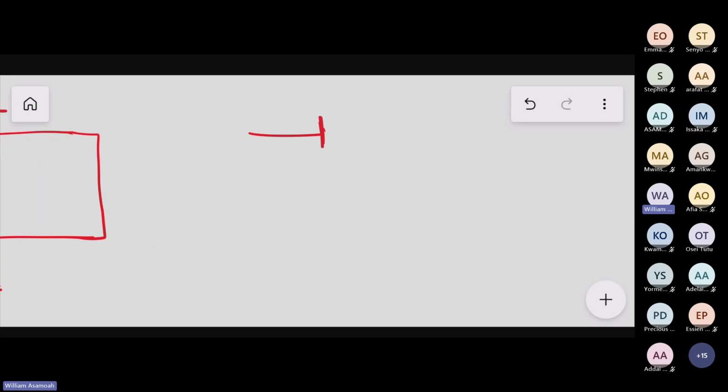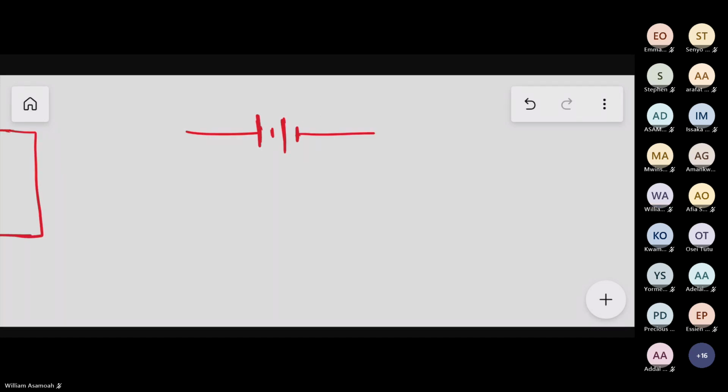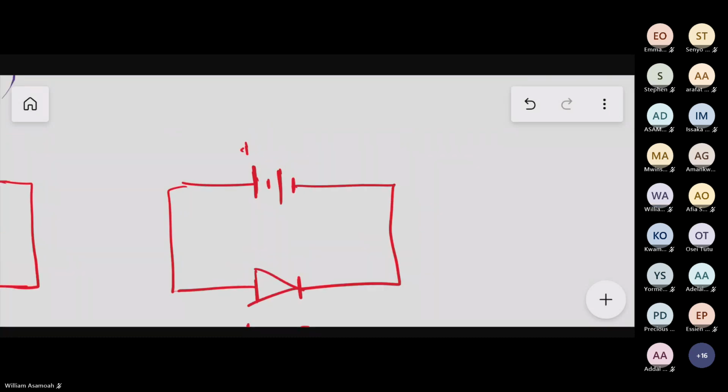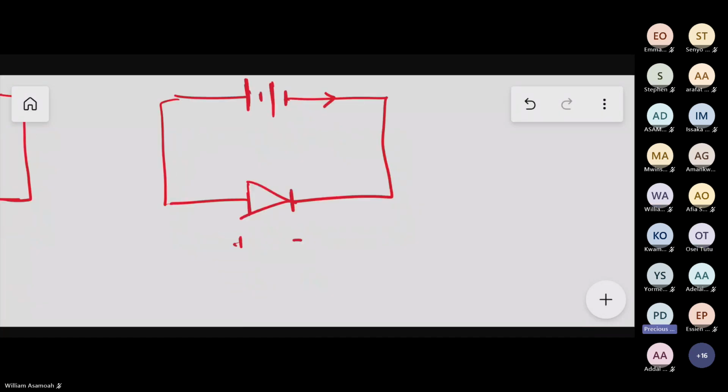So we have this positive and negative, then we connect it to the diode like this. Then this diode is said to be forward biased.